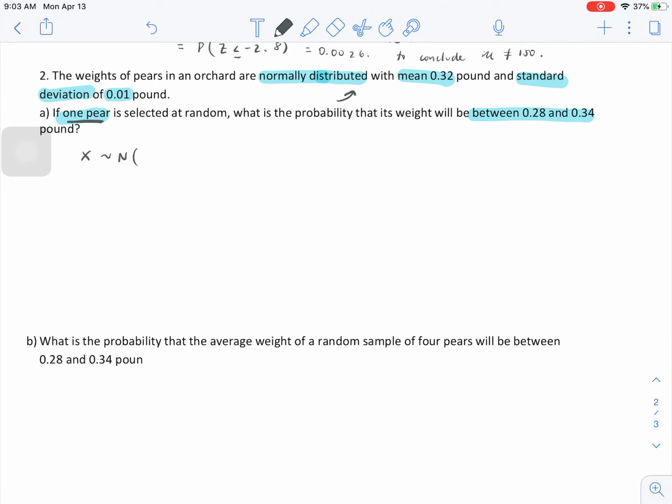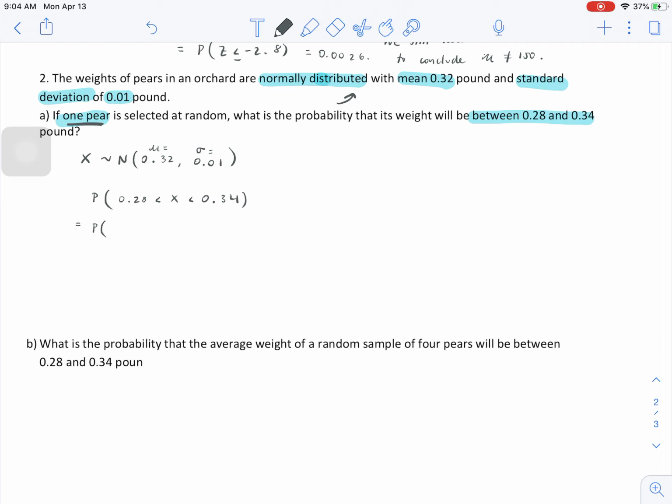is normal with mean 0.32 and standard deviation 0.01. So to find the probability that the weight of a single pear, that x is between 0.28 and 0.34, I'll translate that into a probability statement, which looks like this.